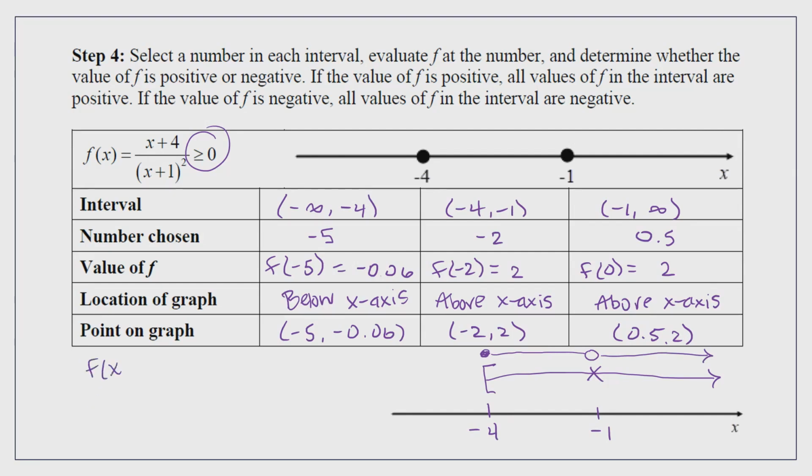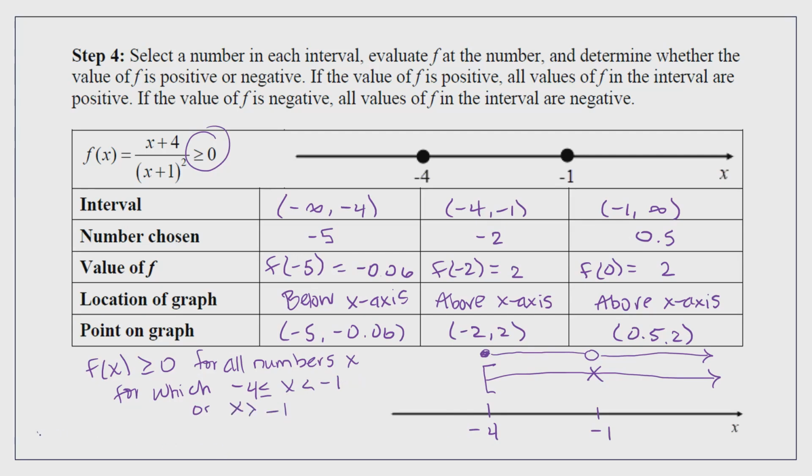So f of x is greater than or equal to 0 for all numbers x for which x is greater than or equal to -4 but less than -1, or x is greater than -1.